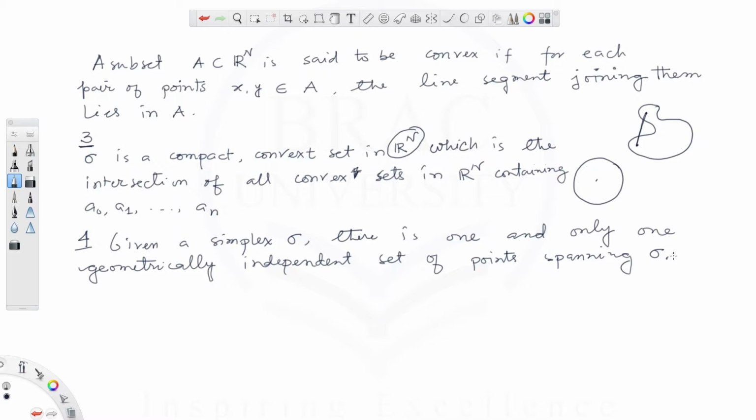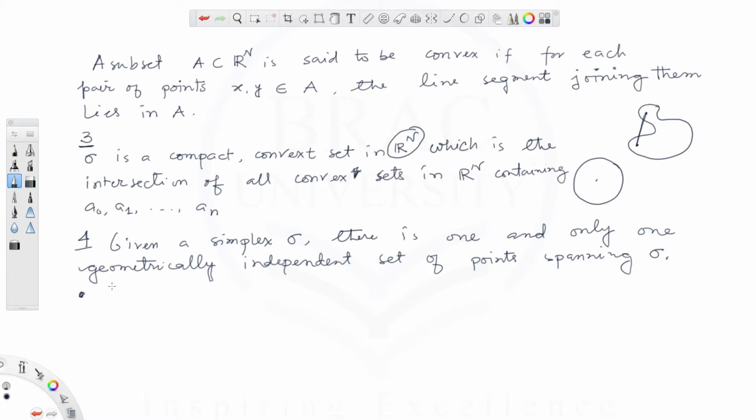This fourth property states that there cannot be more than one set of geometrically independent points that span this n simplex sigma. There is exactly one set of geometrically independent points that span this n simplex sigma.